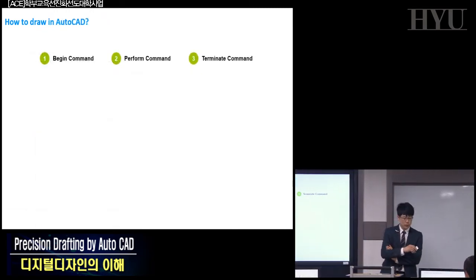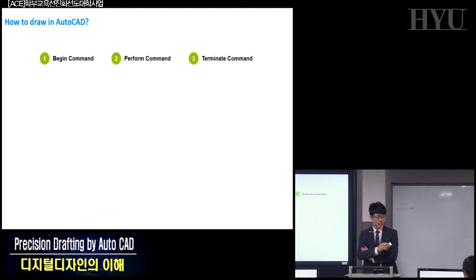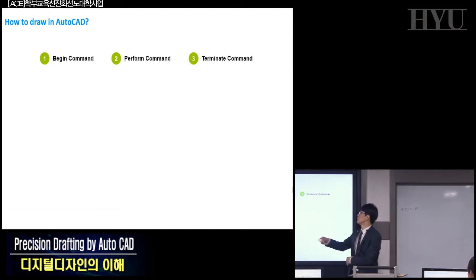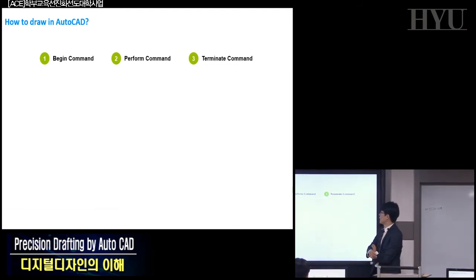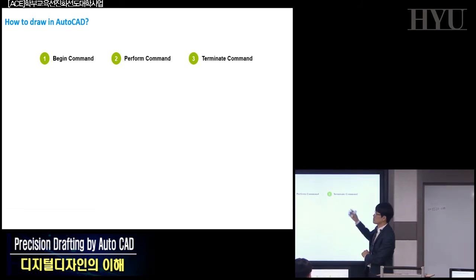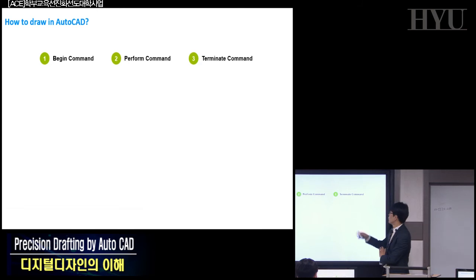So how to draw in AutoCAD? Firstly, begin the command. Secondly, perform the command, and at the end, you should submit a kind of termination. You have to terminate that command.